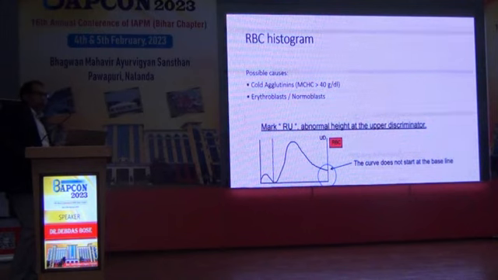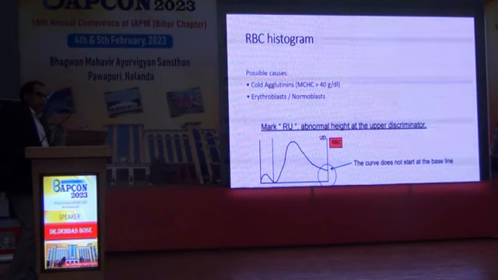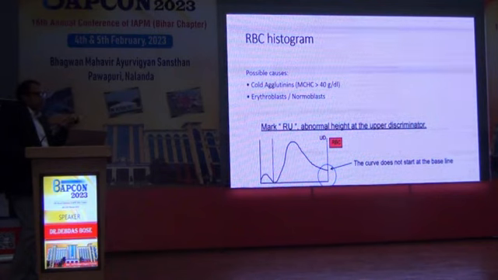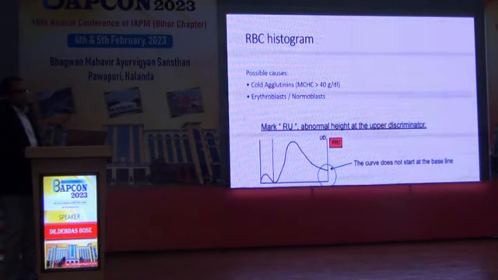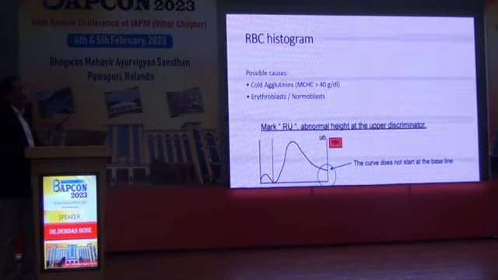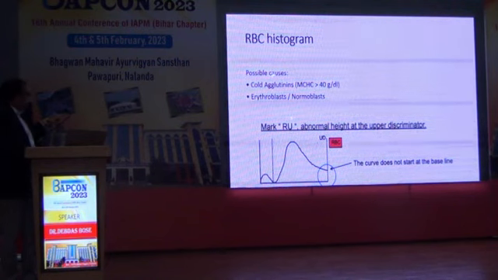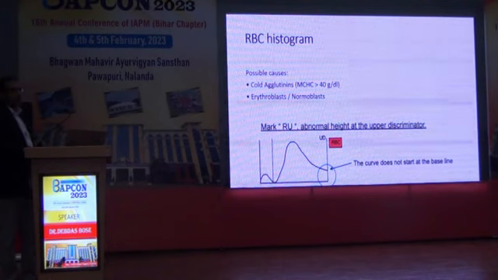So what should we do? We should incubate this blood in a water bath at 37 degrees. Then the cold agglutinin will not work. Then put the sample in the machine, and the machine will give the correct report. So with the presence of cold agglutinin, we can see the RBC upper discrimination baseline is not touching the baseline.